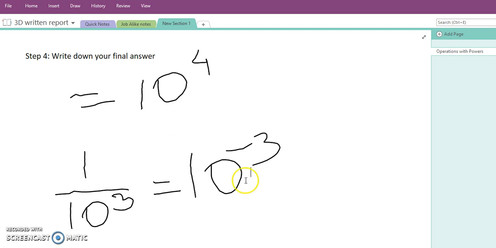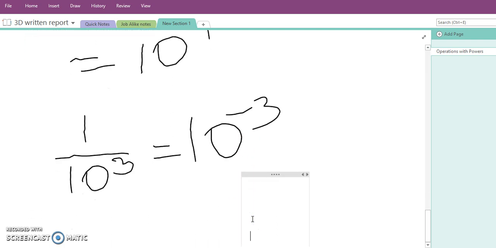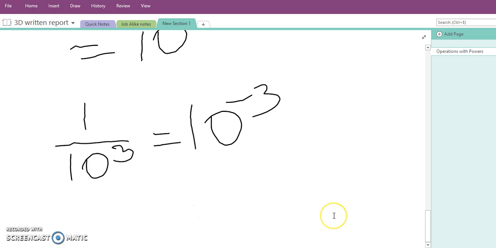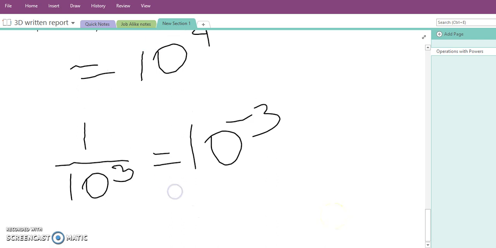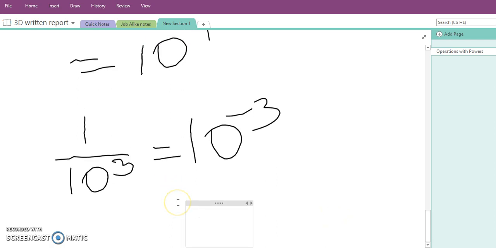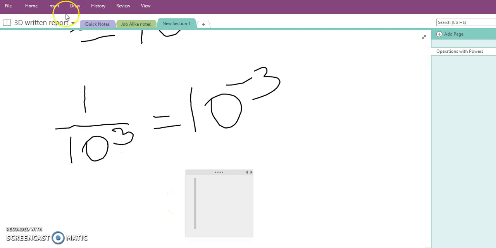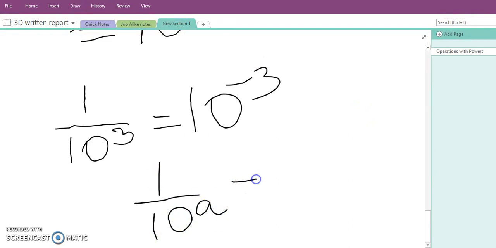So the general rule for something like this is 1 over 10 to the a equals 10 to the minus a. And it doesn't matter what your a is. It could be 3, it could be negative 3, it could be 5.